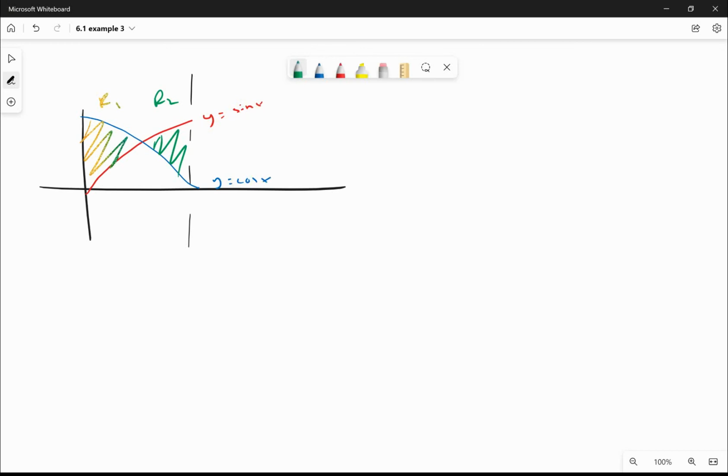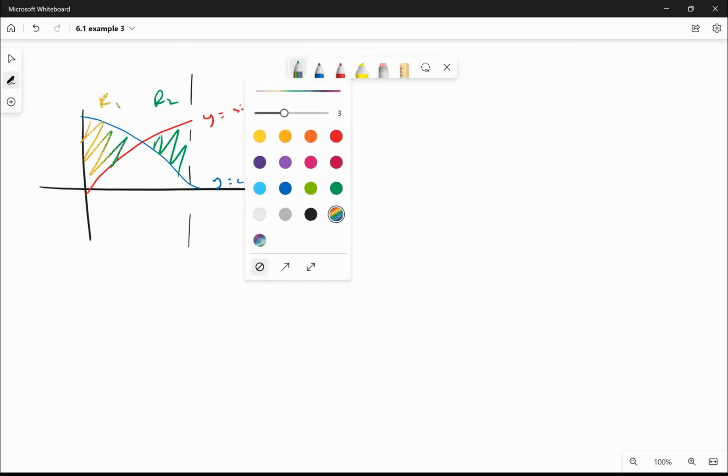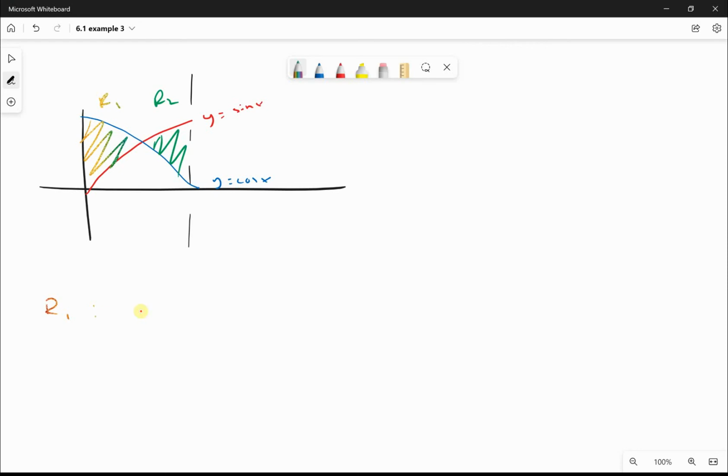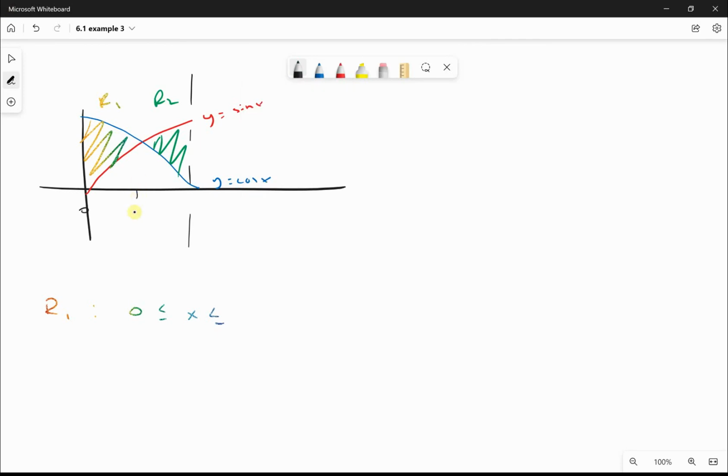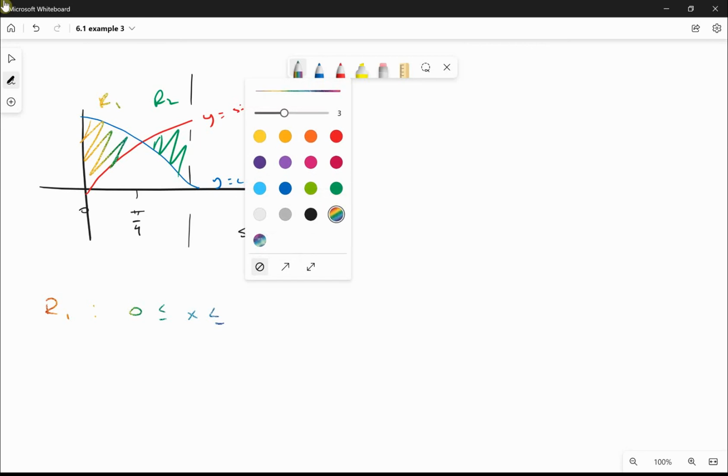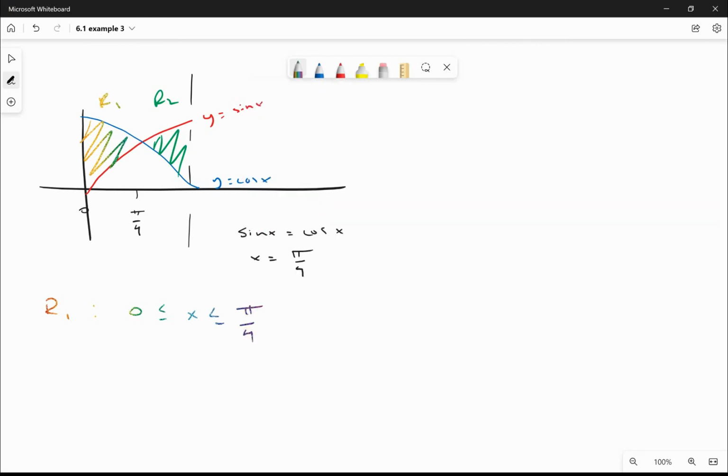On region 1, we're going from x equals 0 to x equals pi over 4, because that's where sine x is equal to cos x. And on that portion of the region, the top function is cos x and the bottom function is sine x.